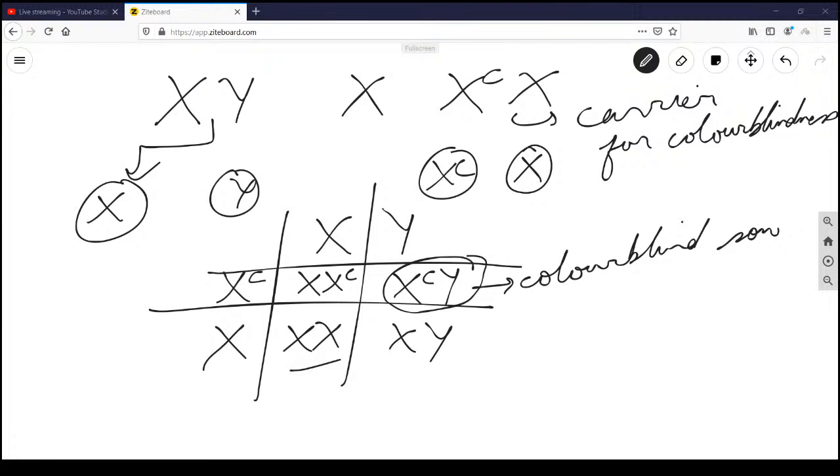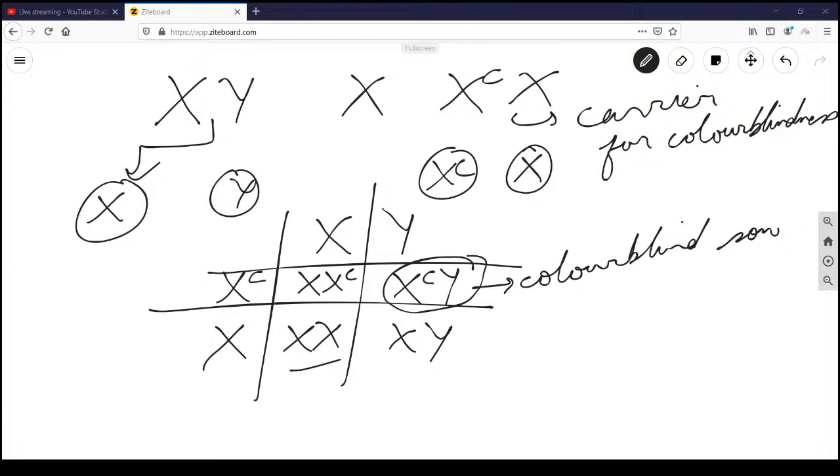F2 generation in a Mendelian cross showed that both genotypic and phenotypic ratios are 1 to 1. Okay, 37th question. So it represents a case of not codominance. It doesn't represent the case of dihybrid cross also. Listen to this question very carefully.